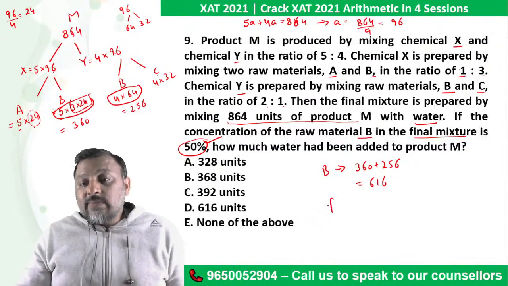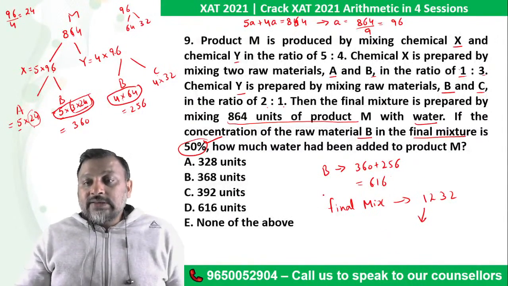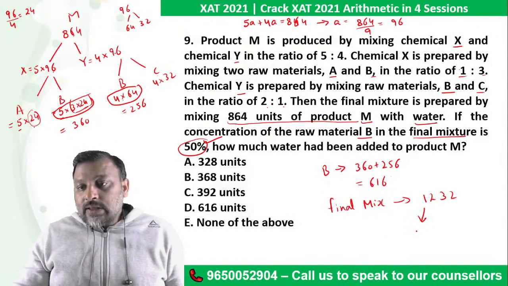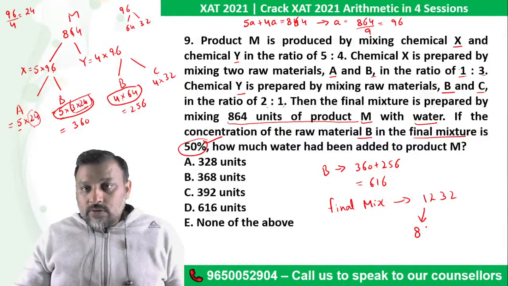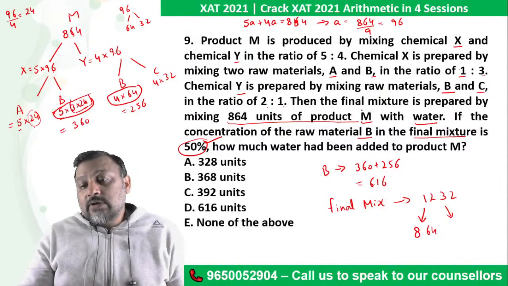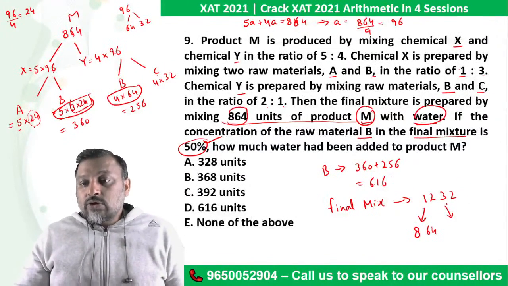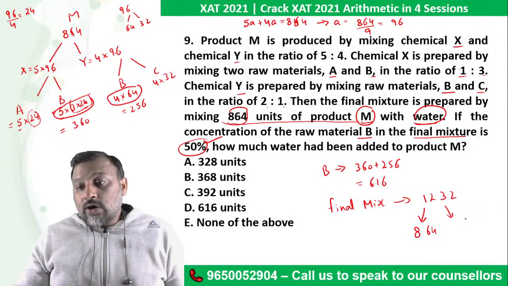So that means the final mixture should be twice of this, which is 1232. In this 1232, there is M, and M is 864. So the remaining must be water, because this final mixture is produced by mixing M with water, where the quantity of M is 864. So the value of water would be 368. That means the difference of these two.